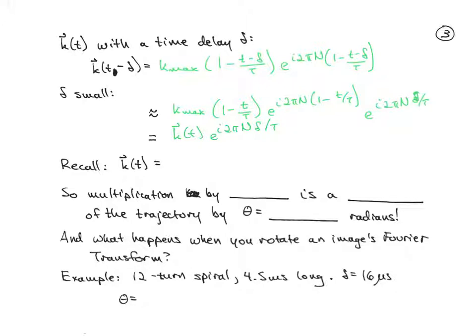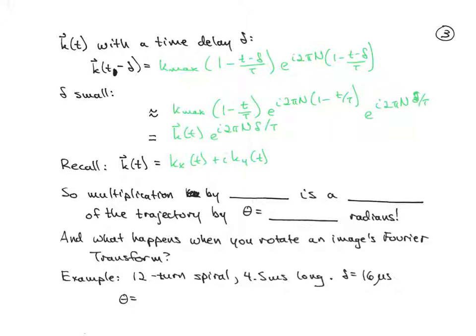Now recall here that K of t is defined as a complex number in the kxy plane, where the real part is kx of t and the imaginary part is ky of t. So what we've done here is we've applied a phase rotation in this complex plane.